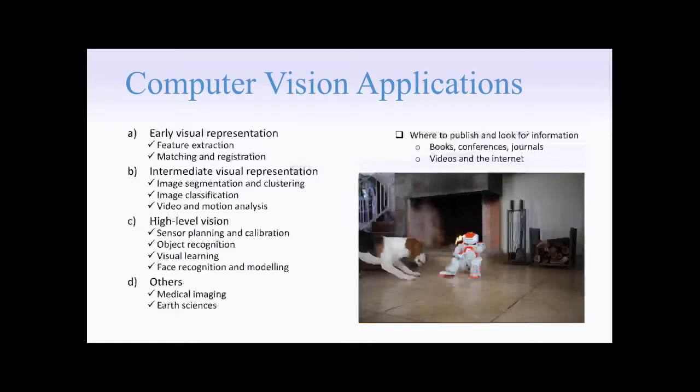Intermediate visual representation refers to image segmentation and clustering, image classification, video and motion analysis, for example. While high-level vision examples could be sensor planning and calibration, object recognition, visual learning, face recognition, and modeling. Others are, for example, medical imaging and earth science.